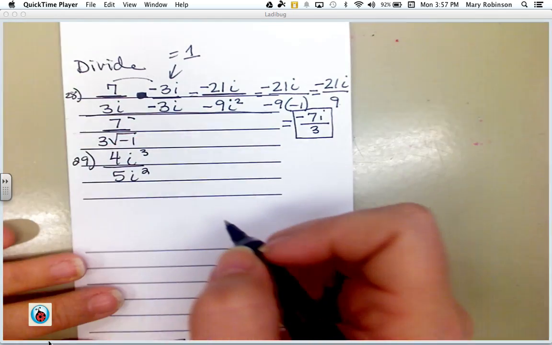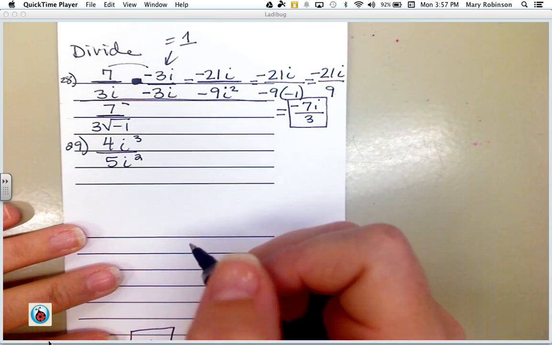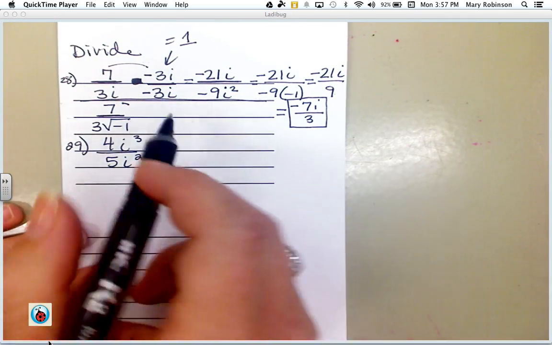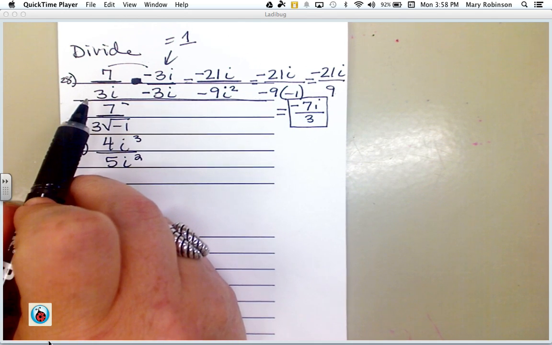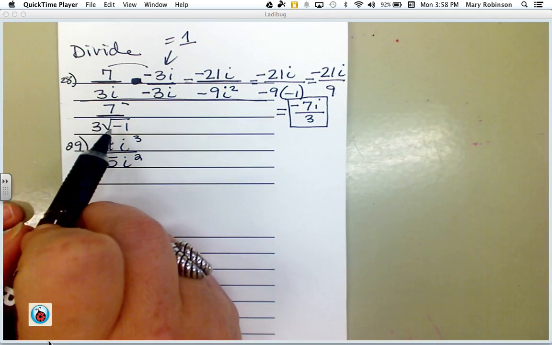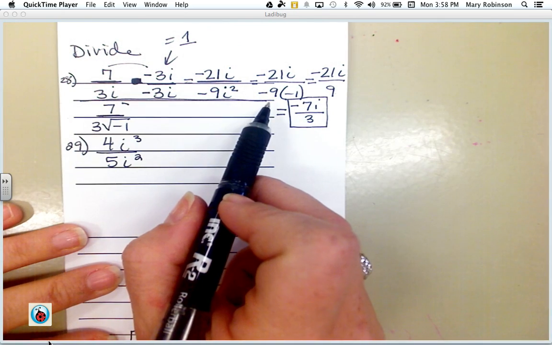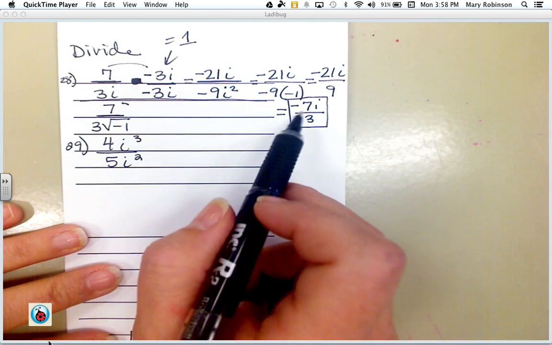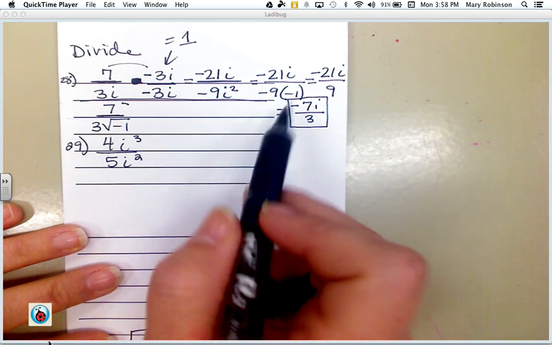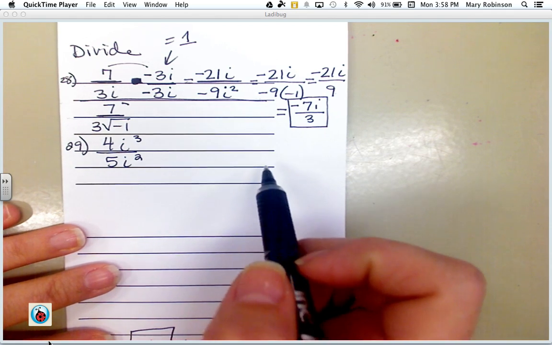And that's the completely simplified expression, negative 7I over 3. So notice now we basically had a radical in our denominator in the form of I, and now by multiplying the top and the bottom by the conjugate, we have eliminated it, so this is our final answer, negative 7I over 3.